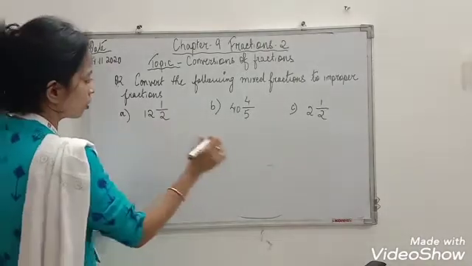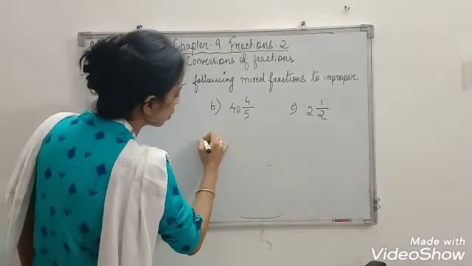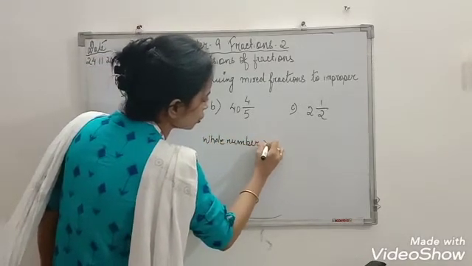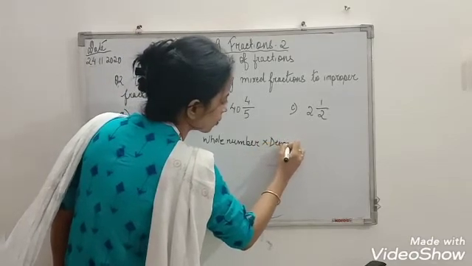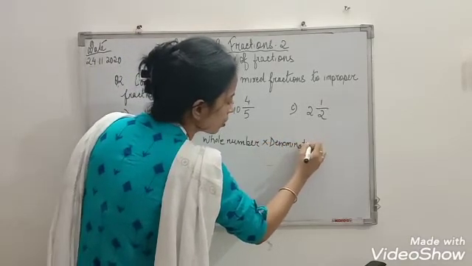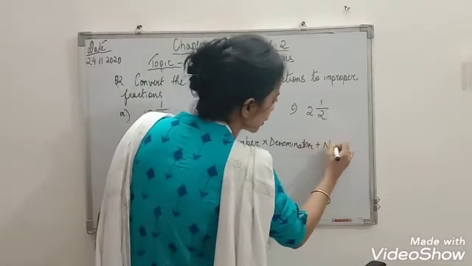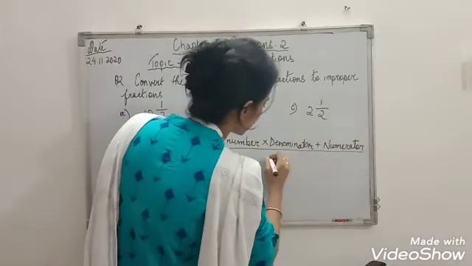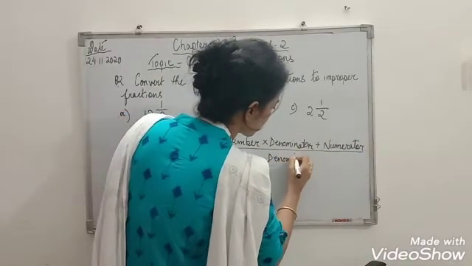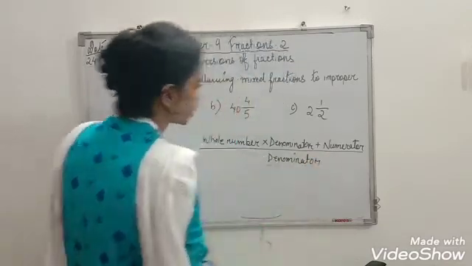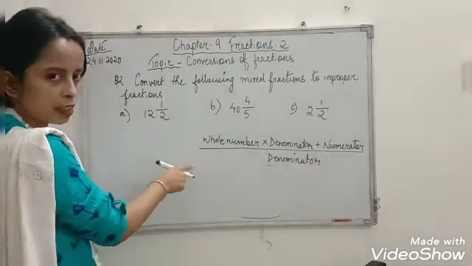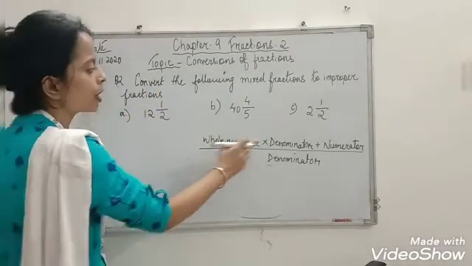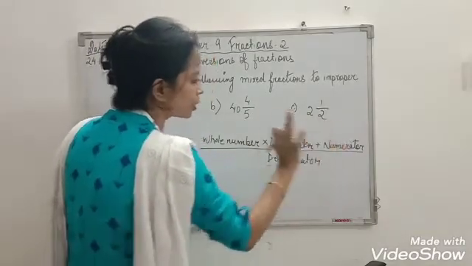So, I will write the formula here: whole number into denominator plus numerator by denominator. This is the formula. This way you have to convert mixed fraction to improper fraction. Whole number into denominator plus numerator by denominator.